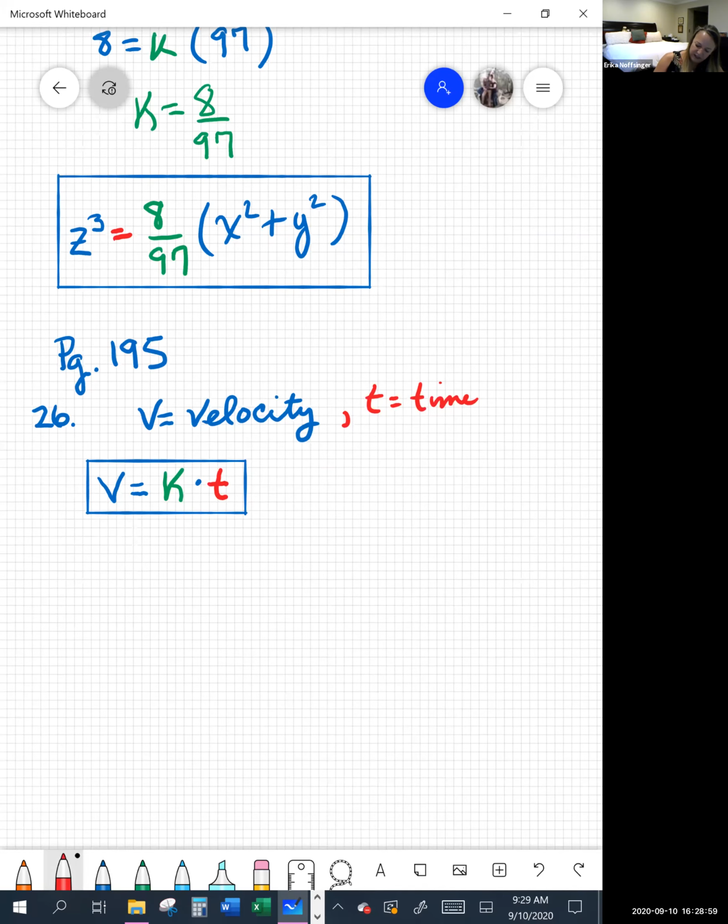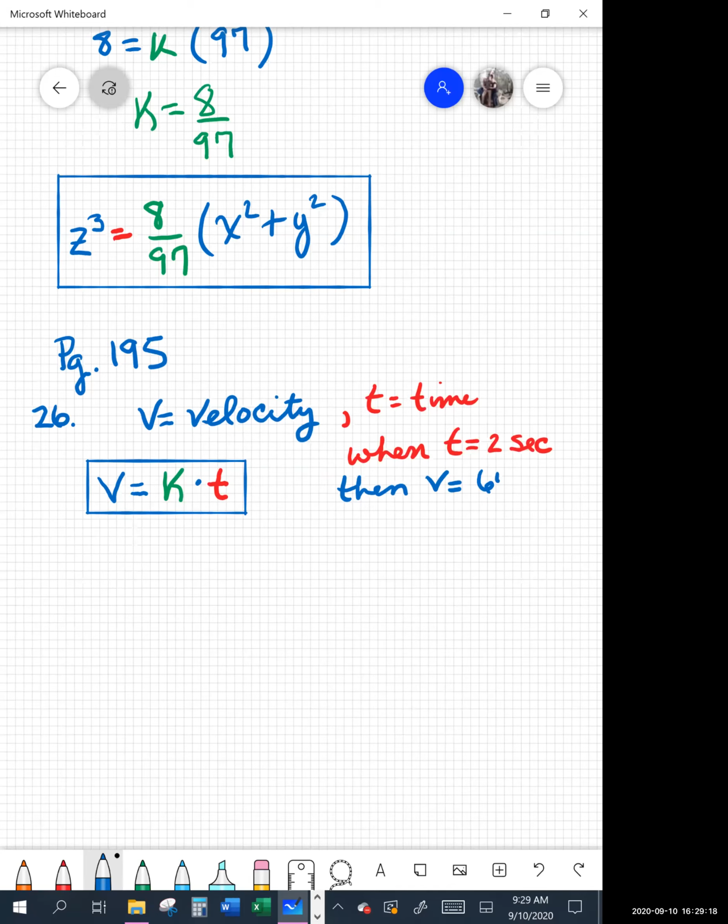Okay, so they say when t is equal to 2 seconds, then v, our velocity, is equal to 64 feet per second. Then they're asking us a question to find something. But before we do that, we want to plug in those values so we can figure out what k is. And then, like I said, we can answer anything that they throw at us about this problem.